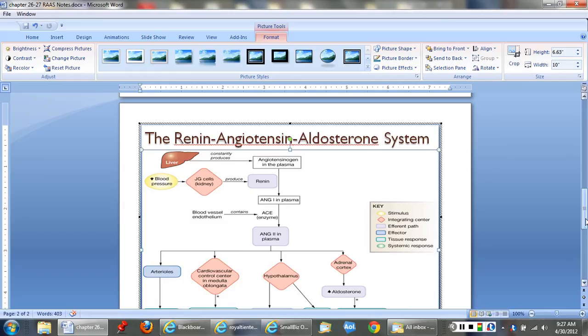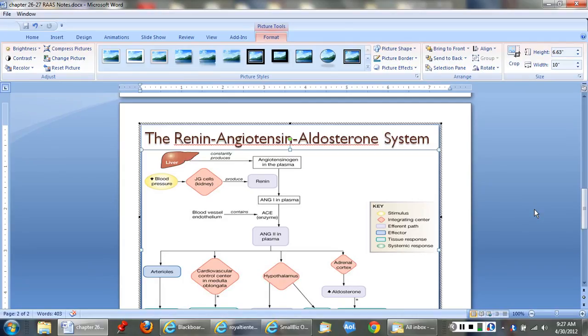So now what happens to angiotensin 1? So angiotensin 1 is now circulating in the blood, and right, so that enzyme ACE. And what does the A stand for again? Yes, angiotensin 1 converting enzyme.